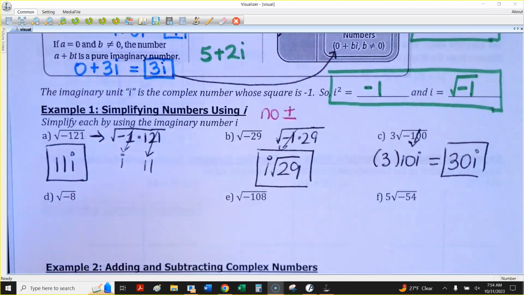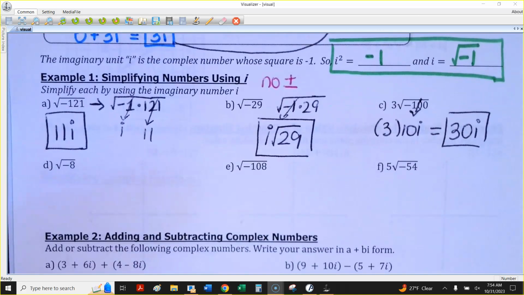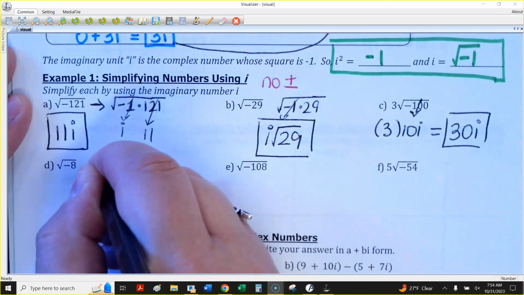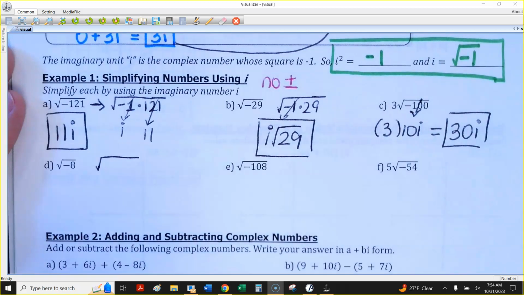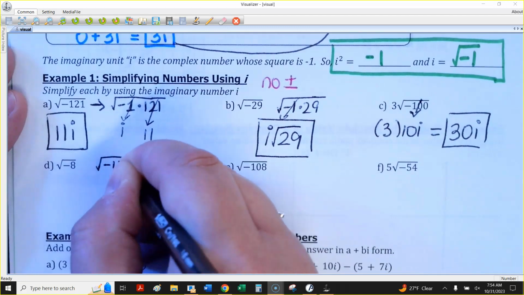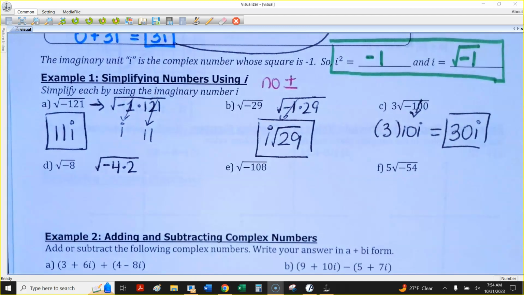All right, now the next couple are going to be a little trickier because they're not perfect squares, but they can be broken down under a square root. Anybody know the biggest perfect square that would go into 8? 4. All right, so what I usually do, and you don't have to do it this way, is attach the negative to the perfect square, so I'm just going to rewrite 8 as negative 4 times 2.